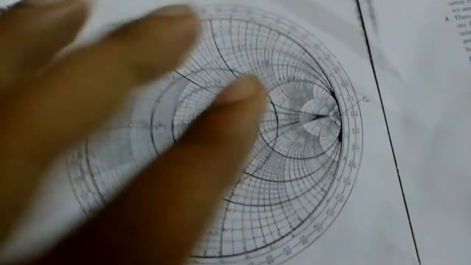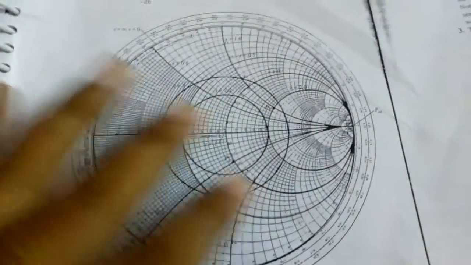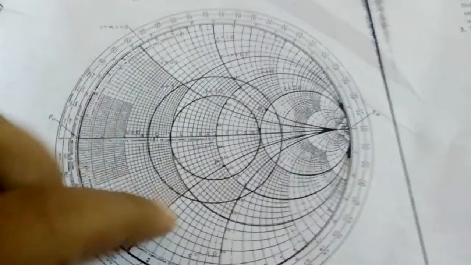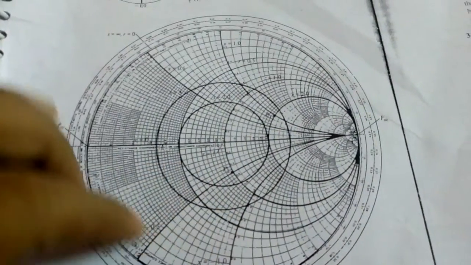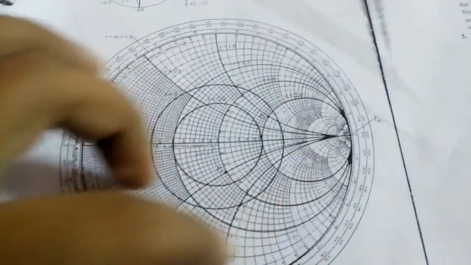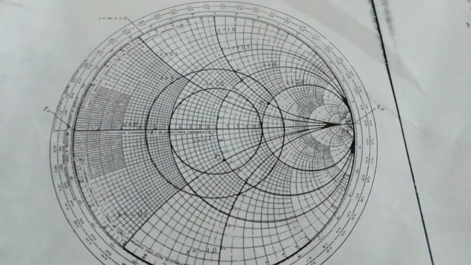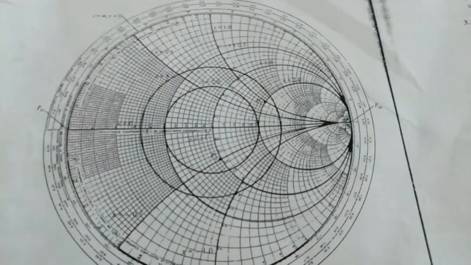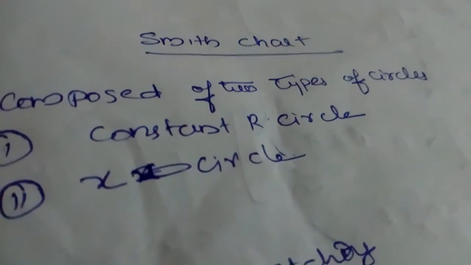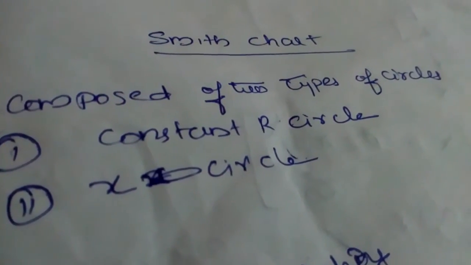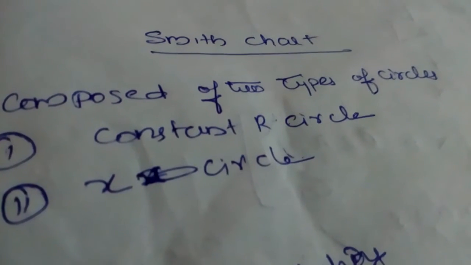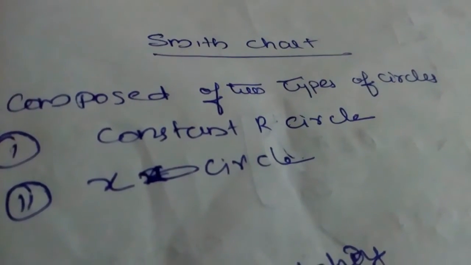In this final form, you can see these crazy lines over here, and nothing much to worry about. The Smith chart is a combination of two types of circles. The first one is the R circle, and the second one is the X circle, and we will move to that.